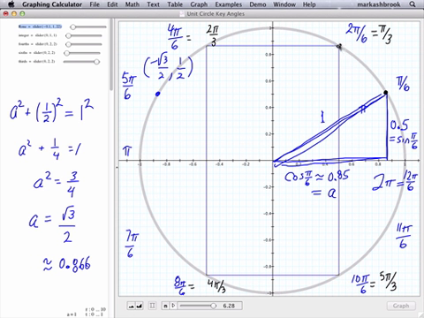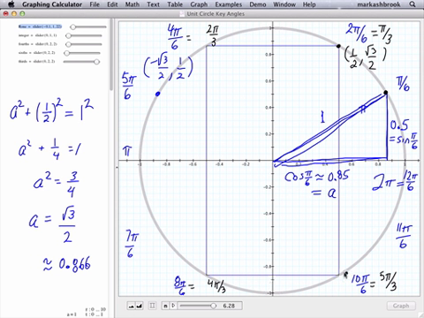Notice that here now the cosine goes right through 1/2, and the sine is the 0.866 number. So everything's just switched. So what's the cosine of pi over 3? 1/2. What's the sine of pi over 3? Radical 3 over 2. So now they're just all switched.